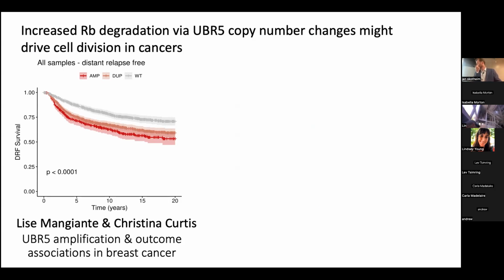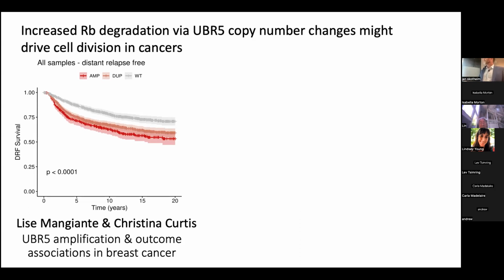I'd really like to collaborate with somebody that knows what they're doing. So she introduced us to her postdoc, Lise. Lise has been looking at UBR5 in breast cancers in their data, and they were quite surprised to see that it's an extremely strong signal.